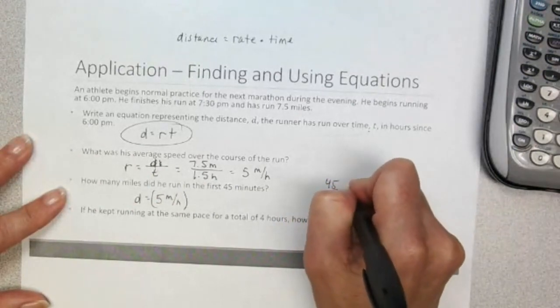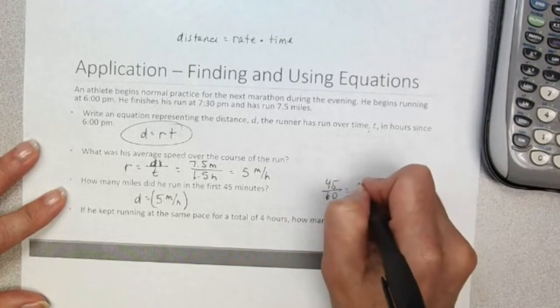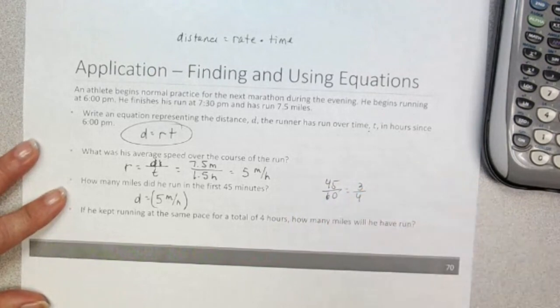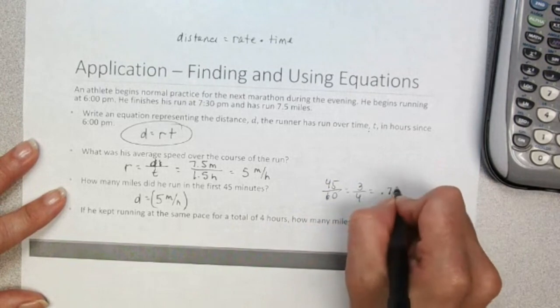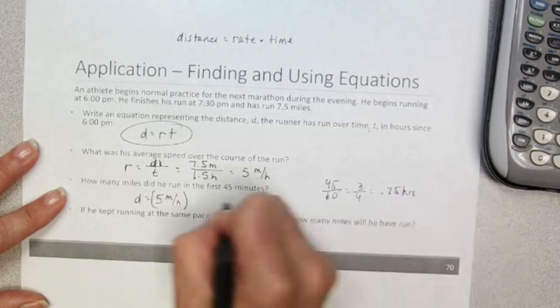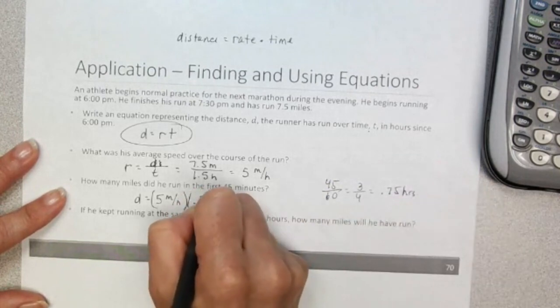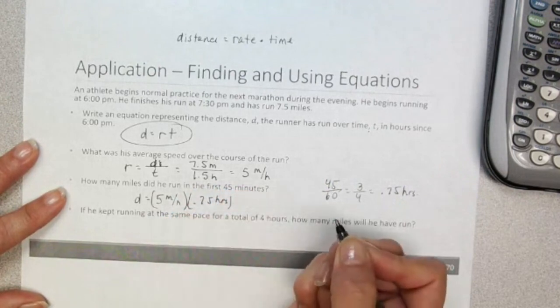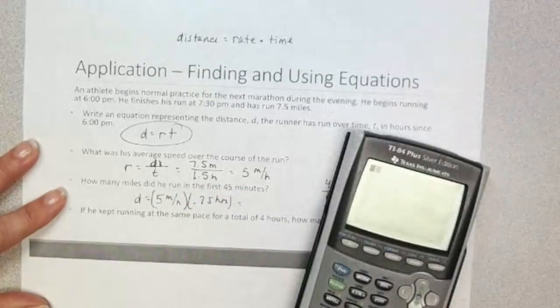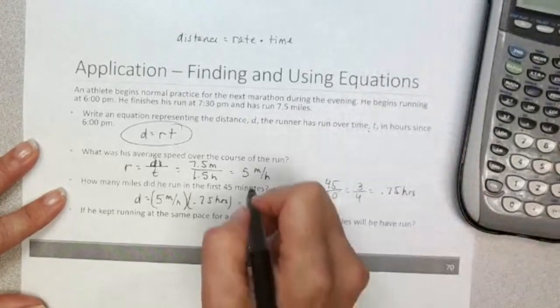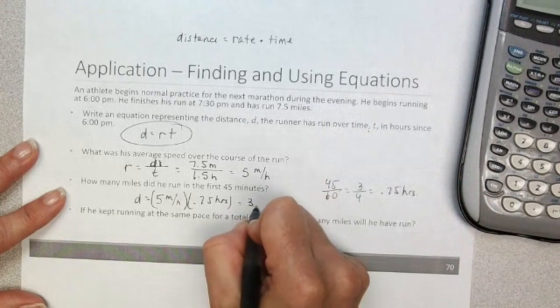So 45 over 60, that's going to reduce down to 3/4 of an hour, or 0.75 hours. Okay, so 5 times 0.75 is 3.75 miles.